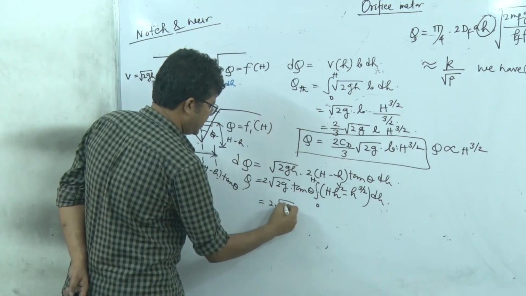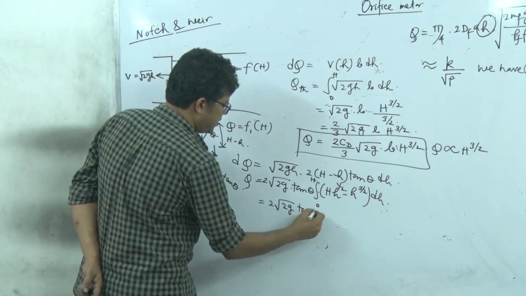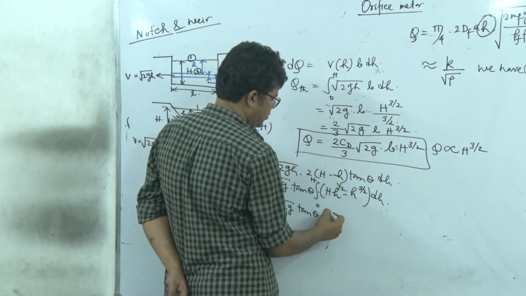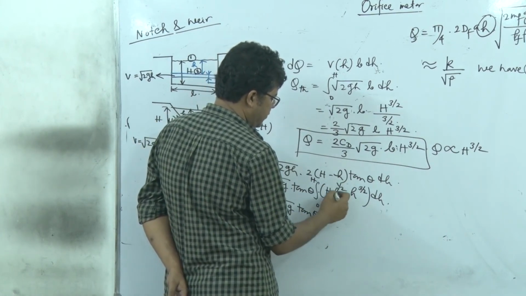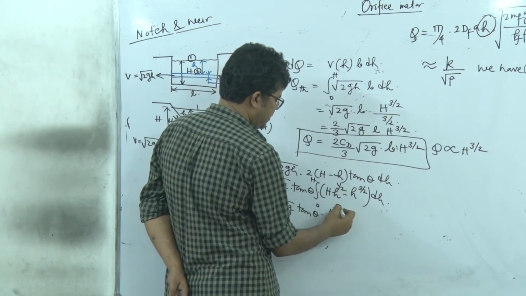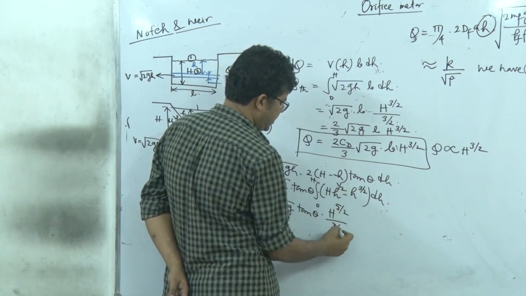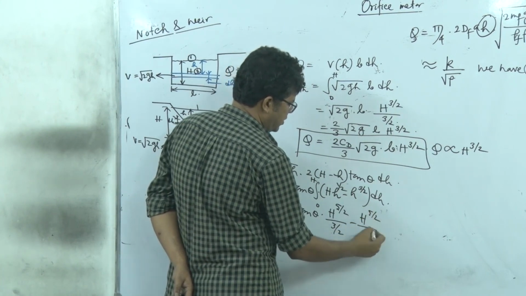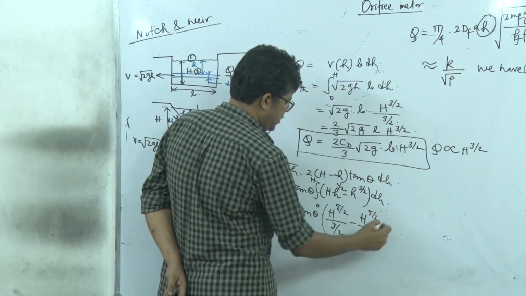So it is 2 root of 2g tan theta, and here it is H to the power 3 by 2. So the limit will give you H to the power 3 by 2 plus h to the power 5 by 2, denominator is 3 by 2, and here h to the power 5 by 2, denominator is 5 by 2.